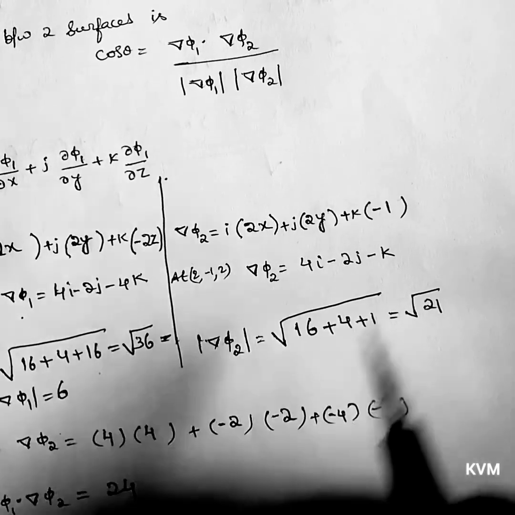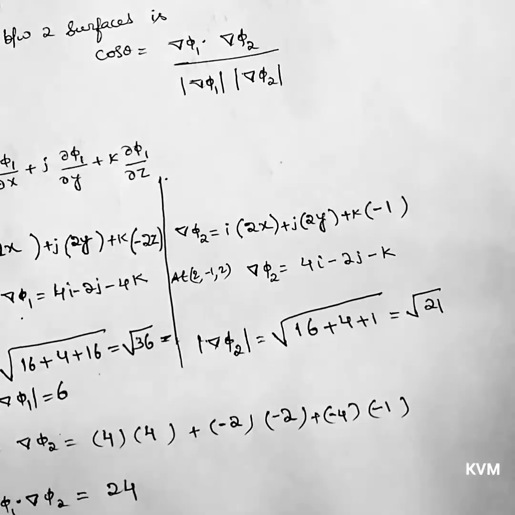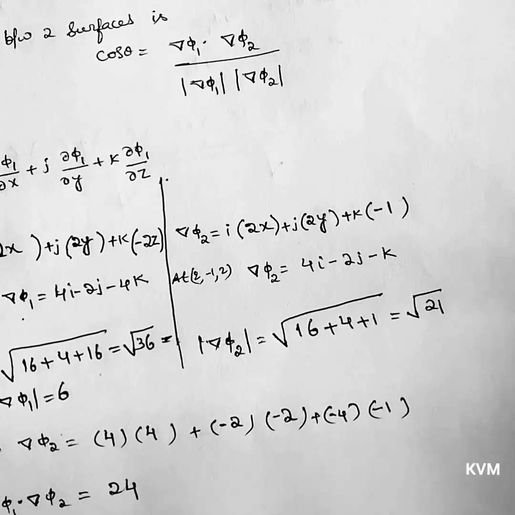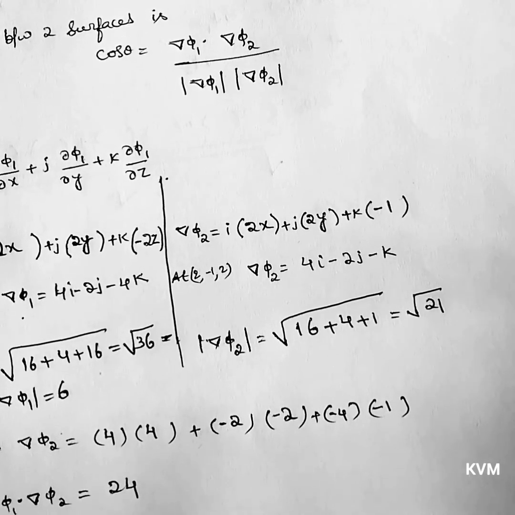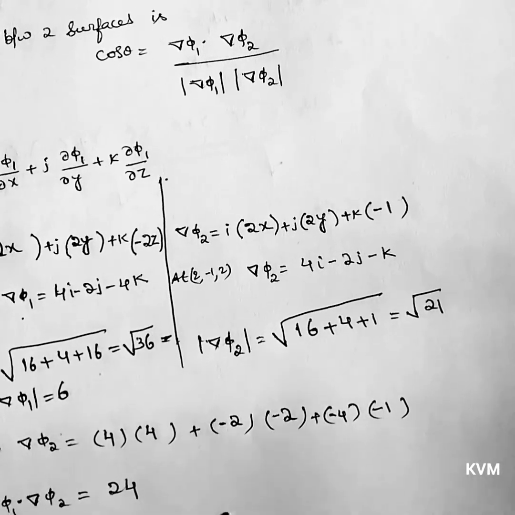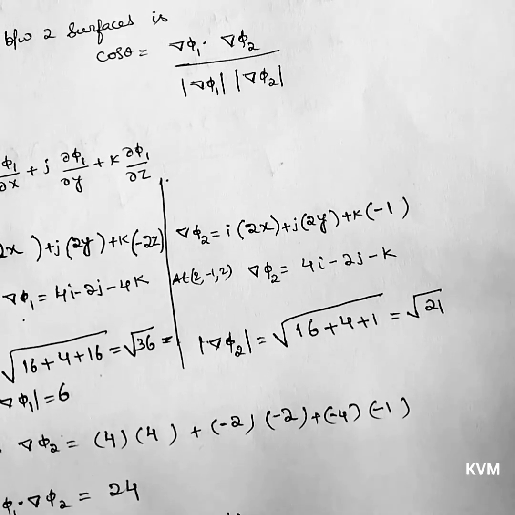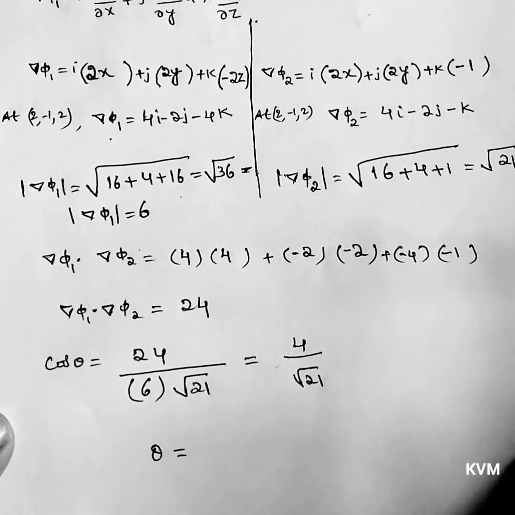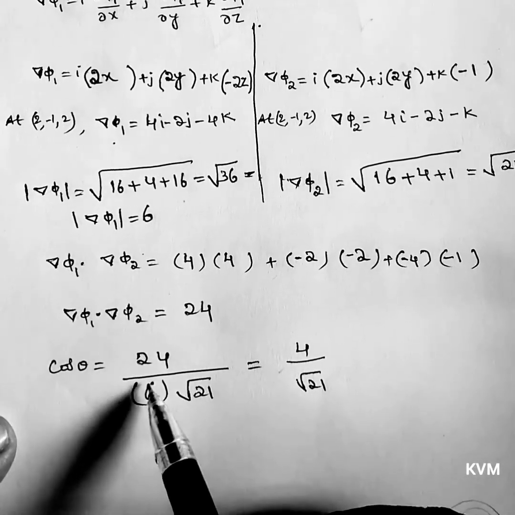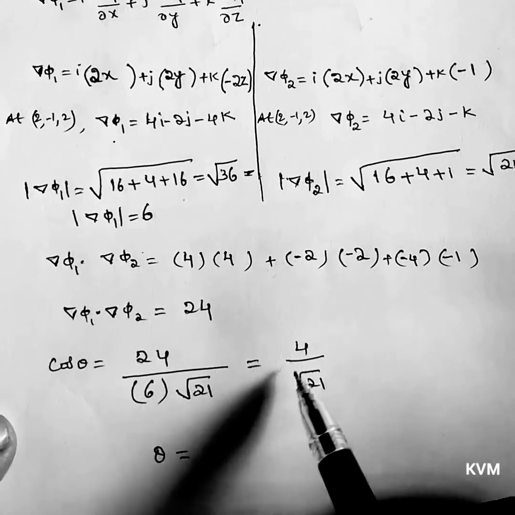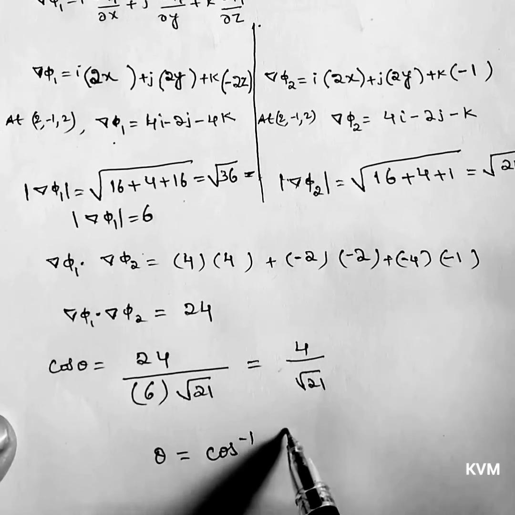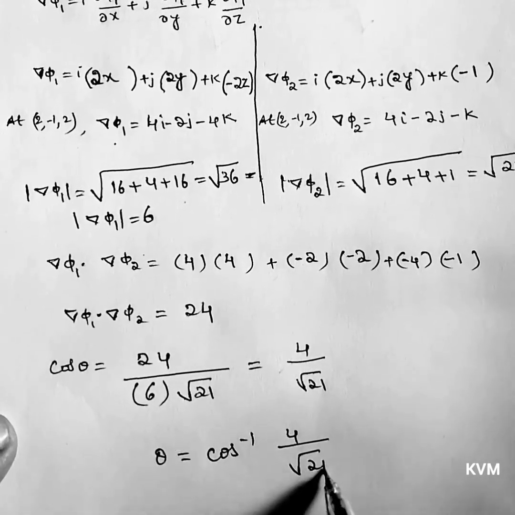Now cos theta is dot product of del phi 1 and del phi 2, 24, by mod del phi 1, 6, mod del phi 2, root 21. So cos theta is 24 by 6 into root 21, 4 by root 21. So theta is cos inverse 4 by root 21.